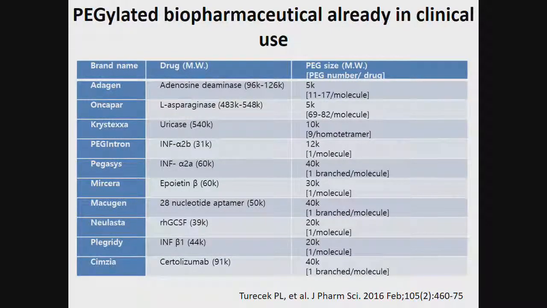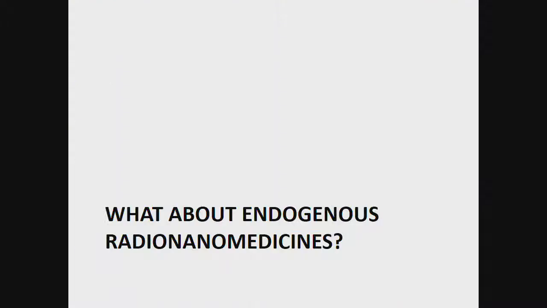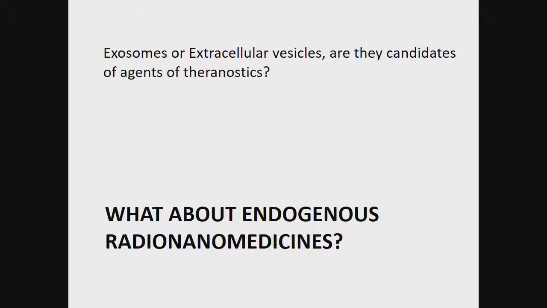So pegylation is already FDA approved. So that was the story of the exogenous ones, which I think the chemists had made a hype. So among the hypes, I tried very hard to choose to be used for in vivo. So then what about the endogenous radionanomedicines? It's about using exosomes and extracellular vesicles.